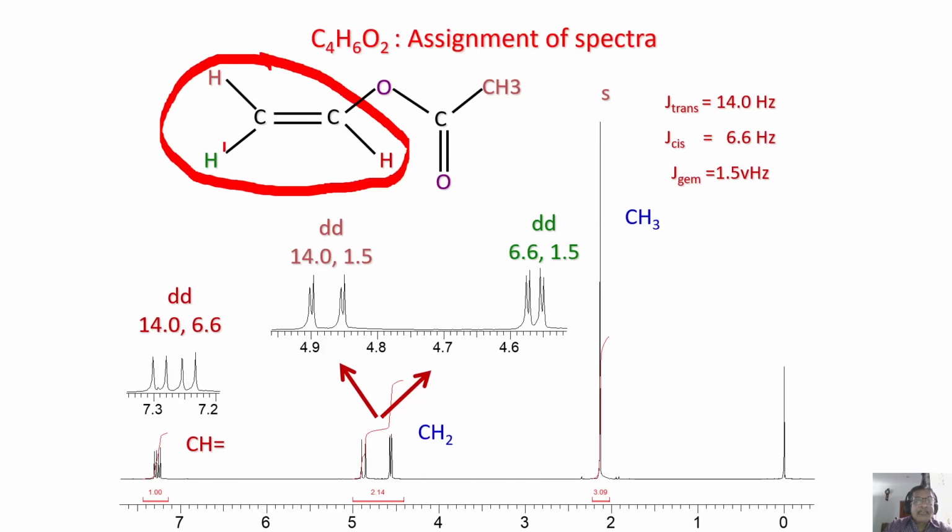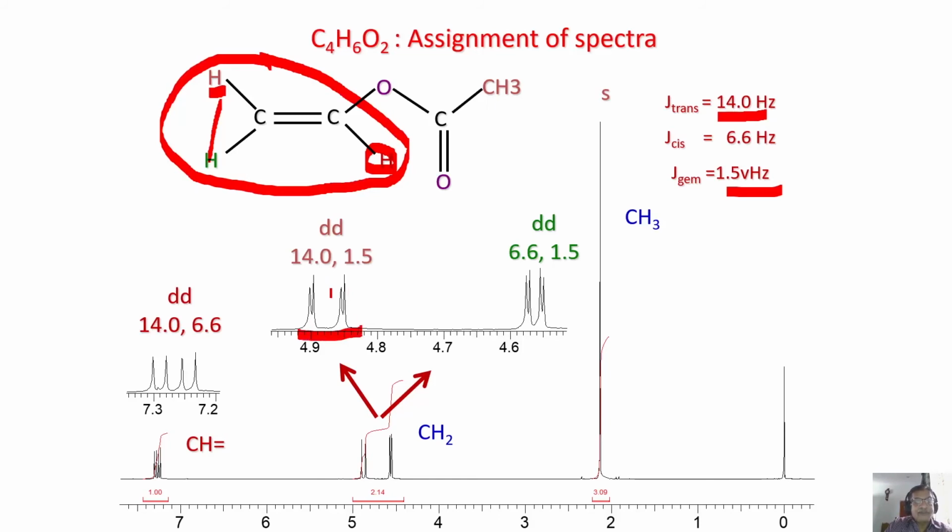Remember, each proton is chemically independent. Let us consider one of the protons. Let us say we consider this proton. This proton experiences a trans coupling with this. Trans coupling is quite large, 14 Hertz. And it also experiences geminal coupling with this. Geminal coupling is very small. So it must be a large doublet, and each line of the doublet should be split into another small doublet.